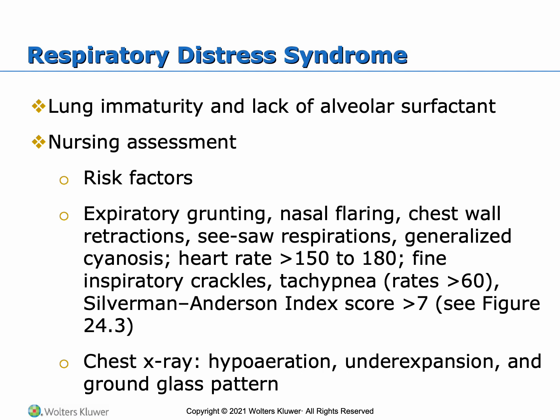Also, you may see tachycardia with rates above 150 to 180. You may hear fine inspiratory crackles, and also see rates of breathing greater than 60. Diagnosis is based on the clinical picture, a lung ultrasound or x-ray, possible arterial blood gases. You're going to see on a chest x-ray underexpansion, hypoaeration, bell-shaped thorax, and sometimes a diffuse ground glass pattern.